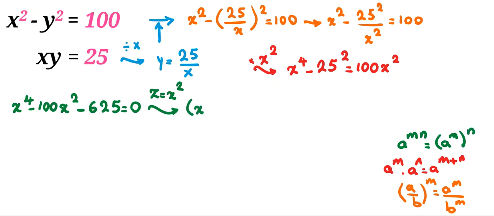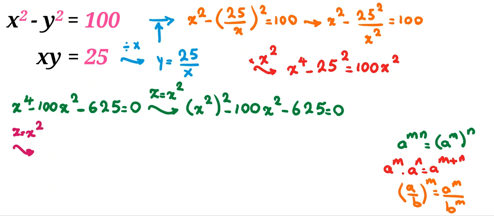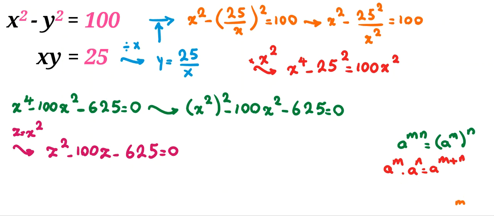So instead of x to the 4, we write (x squared) squared minus 100x squared minus 625 equals 0. In the next step, instead of x squared, we write z, where z equals x squared. So the left hand side is z squared minus 100z minus 625 equals 0, and it is a quadratic function in terms of z.